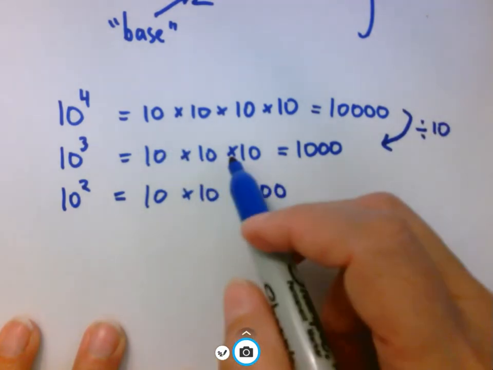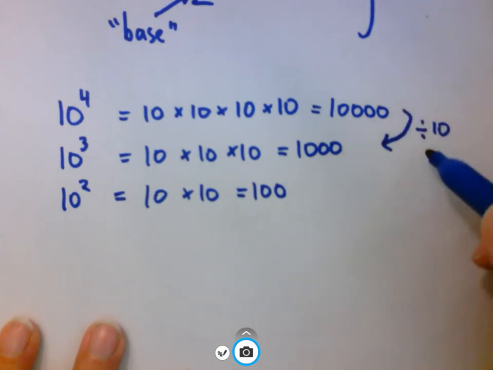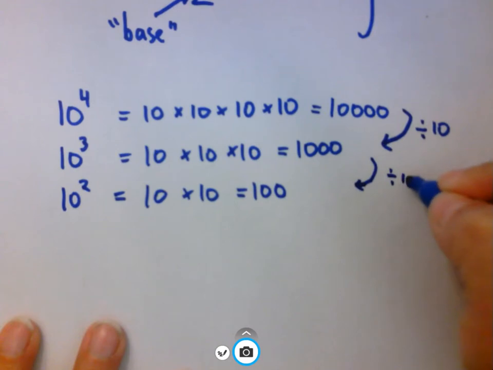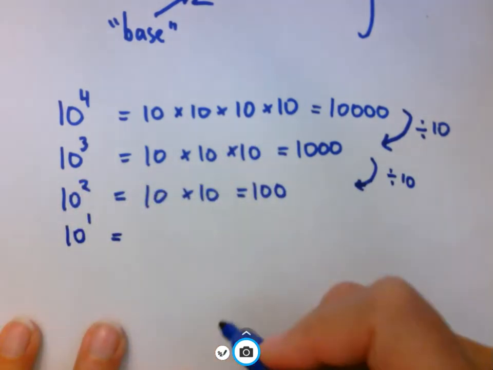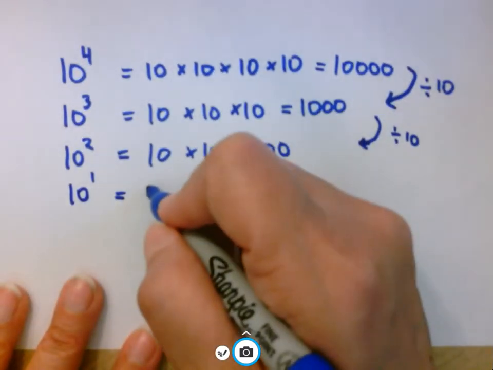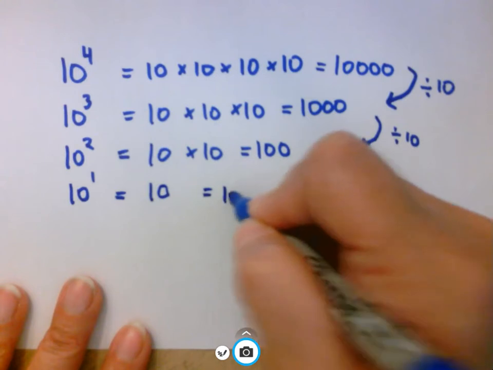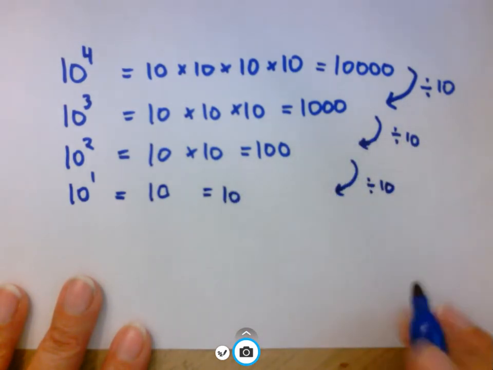That should make sense since we're including one less 10 in the multiplication. To get from 1,000 to 100, we divide by 10. Let's keep going. I'm doing this for a reason. Hang on, you'll see. 10 to the exponent 1 is just 10. And again, to get from 100 to 10, you divide by 10.